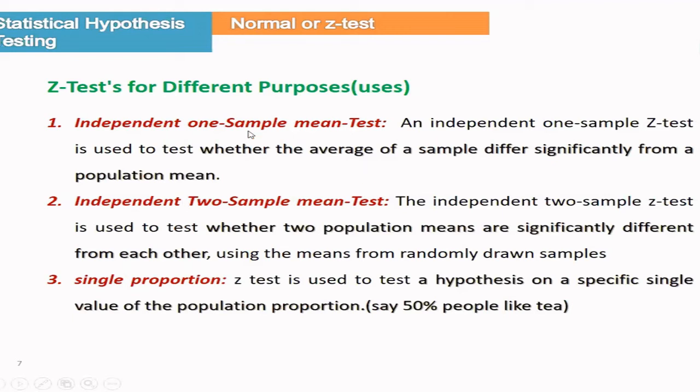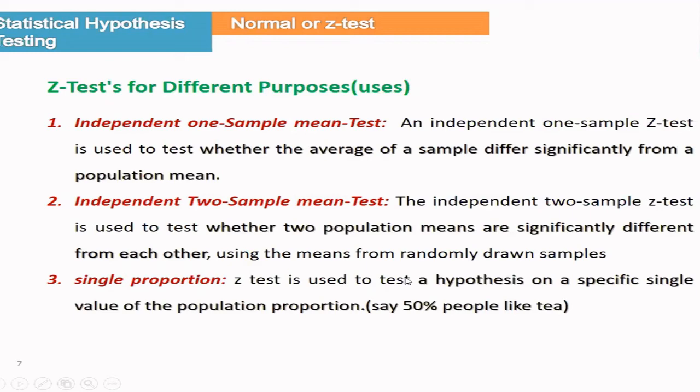Similarly, like the one sample mean test, you can do the one sample proportion test or percentage test. So it is also very important. Say somebody says 50% of the population drink tea, that is, 0.5 proportion of people drink tea. We can verify this proportion or percentage.